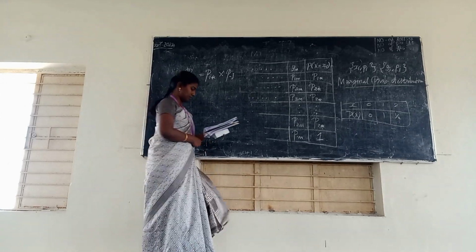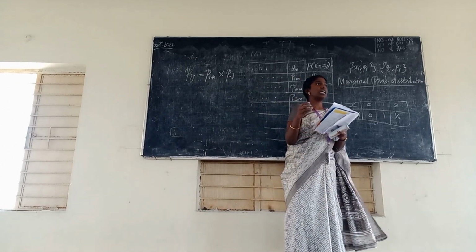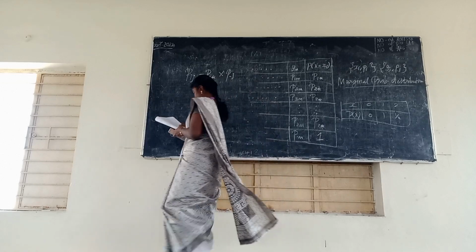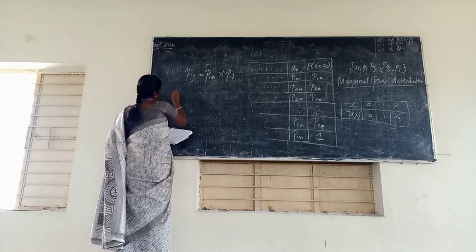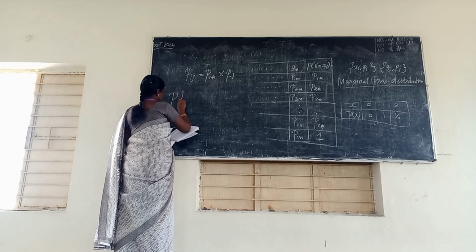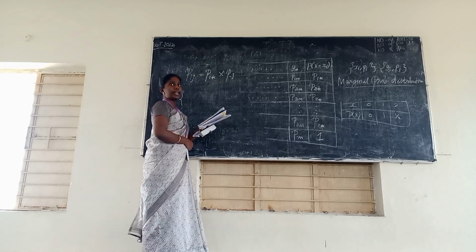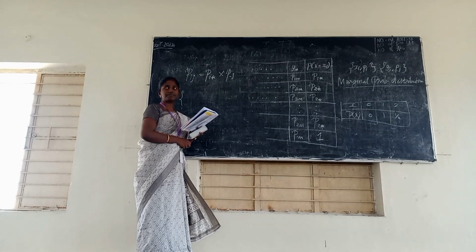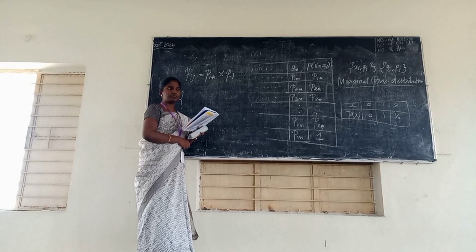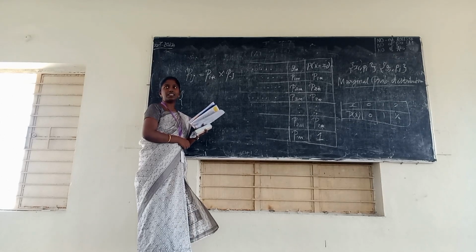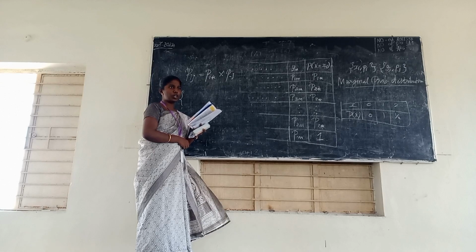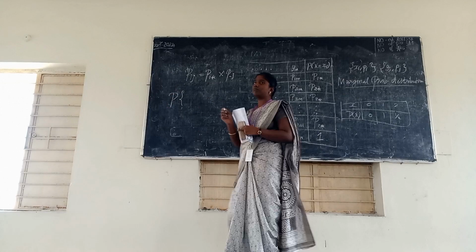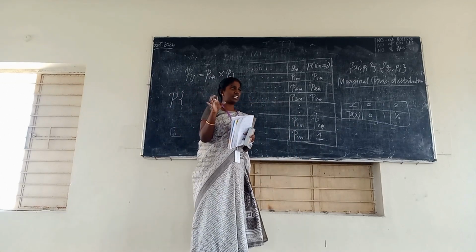Is it clear? Next definition, conditional probability distribution. Write this. Can anyone remember the conditional probability formula? P of A given B equals P of A intersection B divided by P of B. This is the conditional probability definition, right?